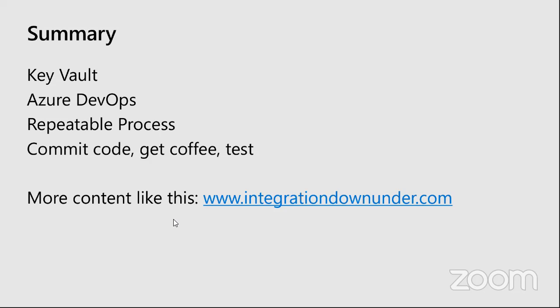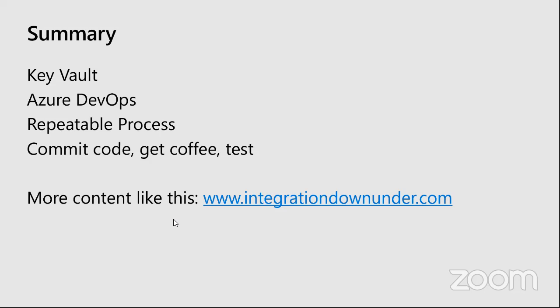The big thing I think about the Azure DevOps is the repeatability of the process. I've gone into a couple of customers, I've put in the DevOps build and release, and what that ends up being is that next line. And I'm not sure if everybody's a coffee drinker, you can substitute your favorite beverage for coffee, but basically you commit your code, that triggers a build.